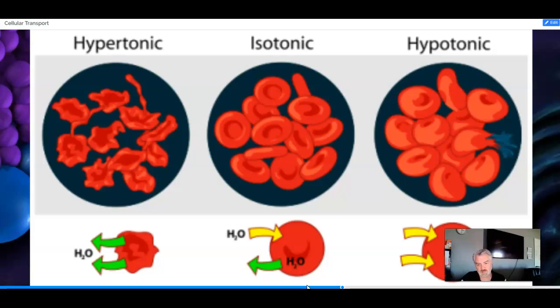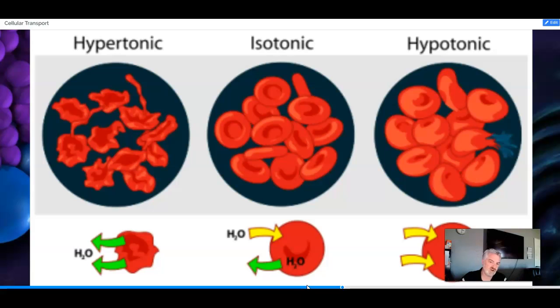Saltwater fish are just the opposite. They have a tendency to lose water to their environment because they're in a hypertonic solution environment. And so their kidneys have to work the opposite. They have to conserve water. So they have a very concentrated waste and a very dry waste.